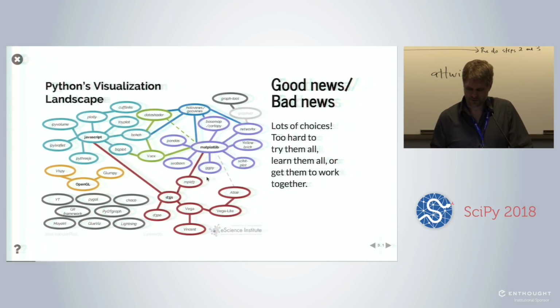Things that are very good in web browsers, so things that are based around a JavaScript library, either built in JavaScript themselves or built around an existing JavaScript library outside of Python. And then, of course, things that are built on top of Matplotlib to add new features and make it easier to use sometimes.